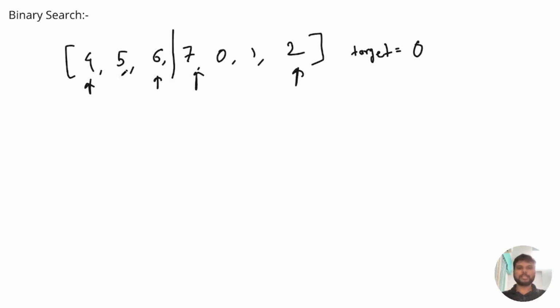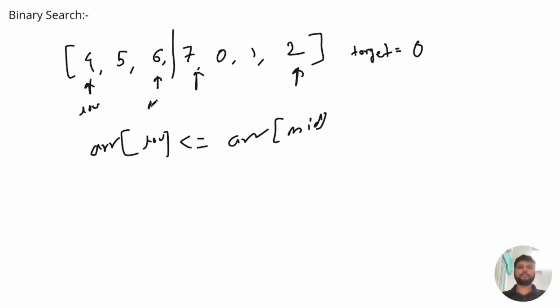So a partition is sorted if the array of, let's say, low is lesser than or equal to array of mid, okay? So considering this is the low and this is the mid, okay? And so basically this is the condition for the left hand side of the partition, okay?